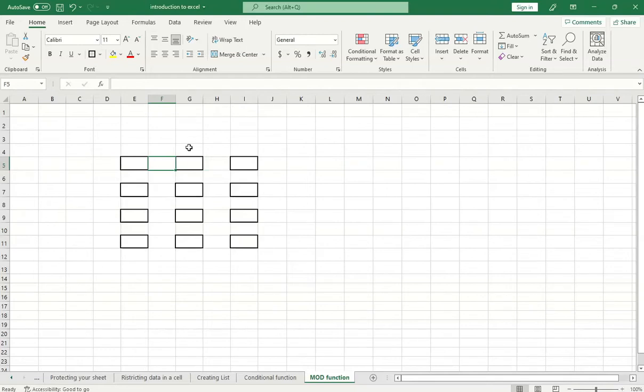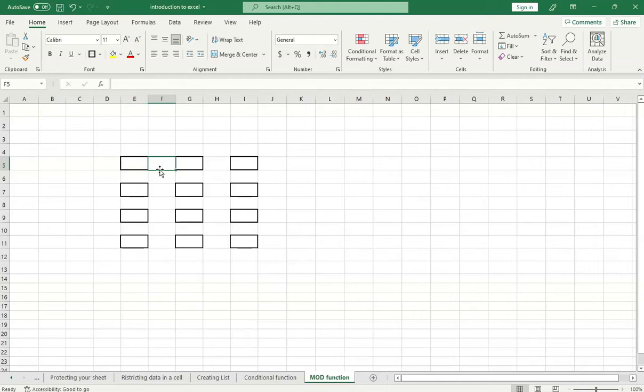We are going to learn the mode function in Excel, but before that, we would want to create some formulas here. We've already done that, but we would want to use it to help us know what the mode function does.